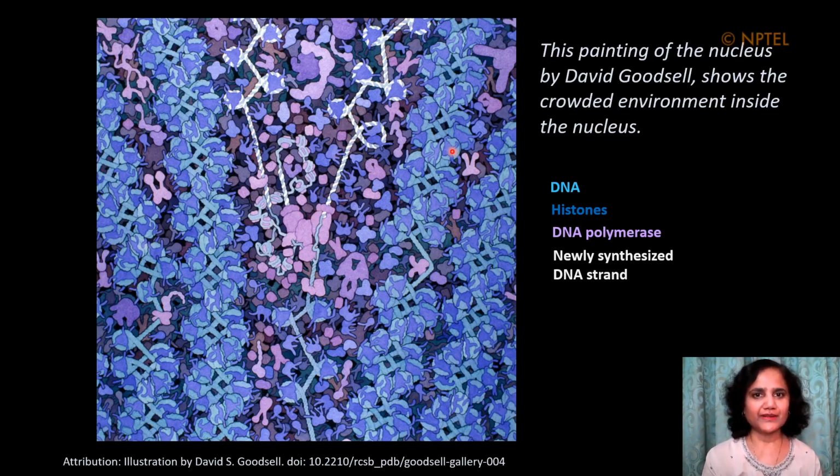Also, you might note the chromatin fibers on either side of this assembly, that is, on either side of the replisome. These fibers have arrays of this ball-like organization, which, as I will explain to you, are nucleosomes. And of course, there are many other molecules present inside the nucleus. So it's a very complicated milieu inside the nucleus.